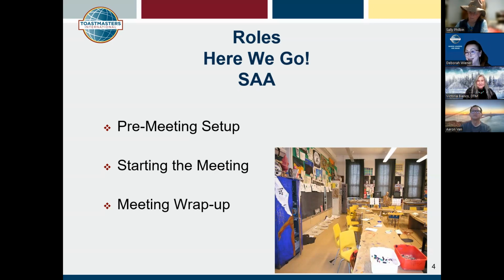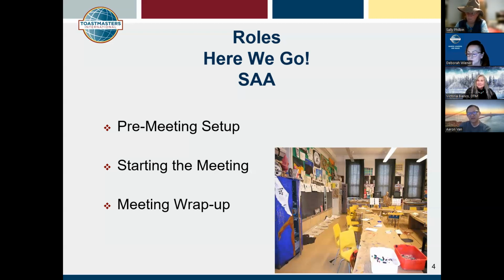But to be honest, in each club, that could be very different. It could be the president, the Toastmaster, the VPE, because if it's a Zoom meeting, they're going to send the agenda by email. If it's an in-person meeting, they're going to print out the agenda. So that can vary.